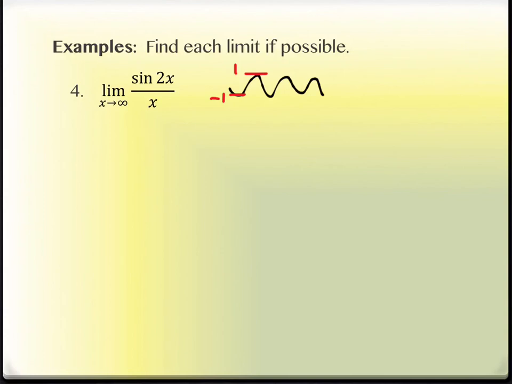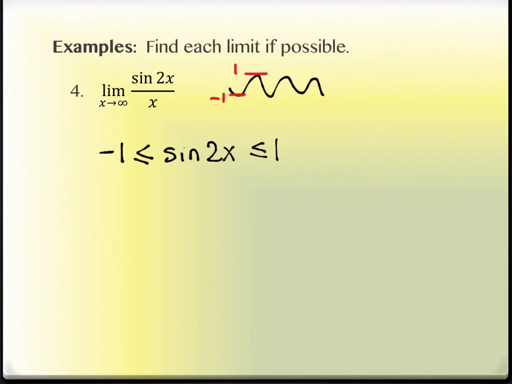So in a very real sense, it's true that -1 is less than or equal to the sine of 2x, because that's what our function is, which is less than or equal to 1. That might not seem very important, but it will be in a moment. It's a true fact from trig that the sine function goes between -1 and 1.